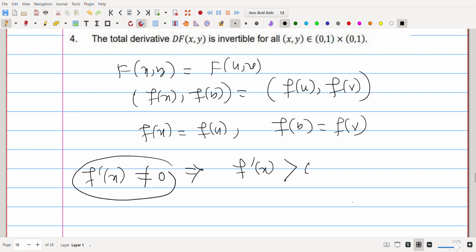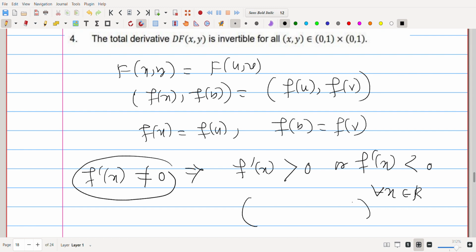This will imply f'(x) is strictly greater than 0 or f'(x) is strictly less than 0 for all x. Because if for some x1, f'(x1) is greater than 0 and f'(x2) is less than 0, then since the derivative of a differentiable function satisfies the intermediate value property, there exists some point such that f'(x) is 0, which is a contradiction.